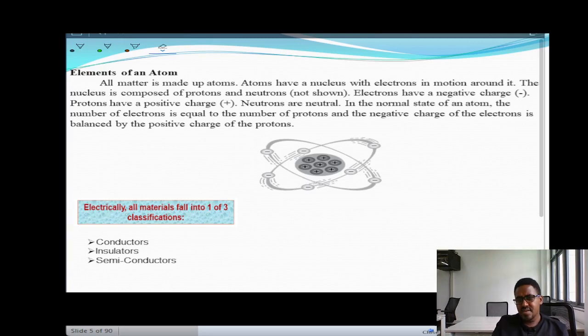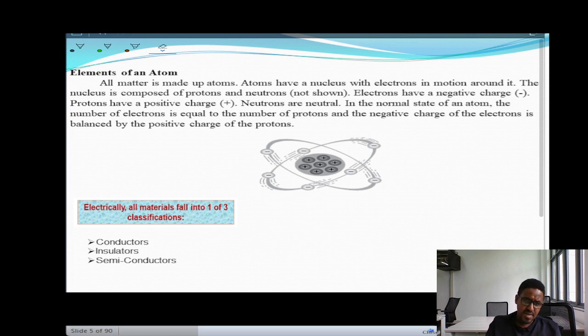As we studied last semester in the course of electrical electronics fundamentals about the atom, all matter is made up of atoms. So what is an atom? An atom is the smallest part of a substance. An atom has a nucleus with electrons in motion around it.